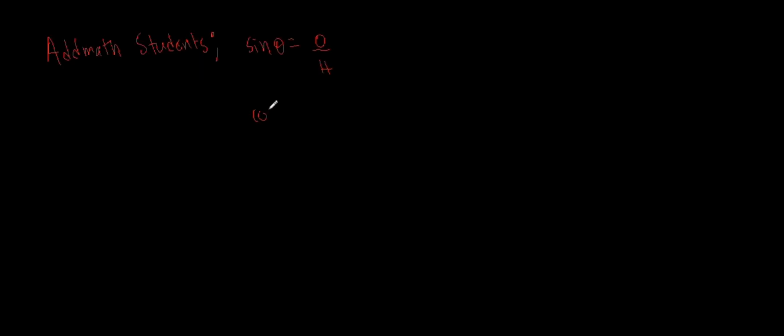We have cos theta equals adjacent all over hypotenuse. Tan theta is equal to opposite all over adjacent. There's an acronym to remember these called SOH CAH TOA. Sine is opposite over hypotenuse, cosine is adjacent all over hypotenuse, tan is opposite all over adjacent.